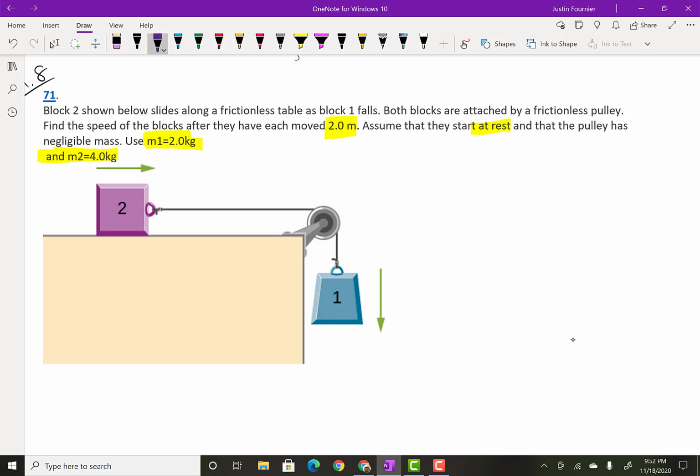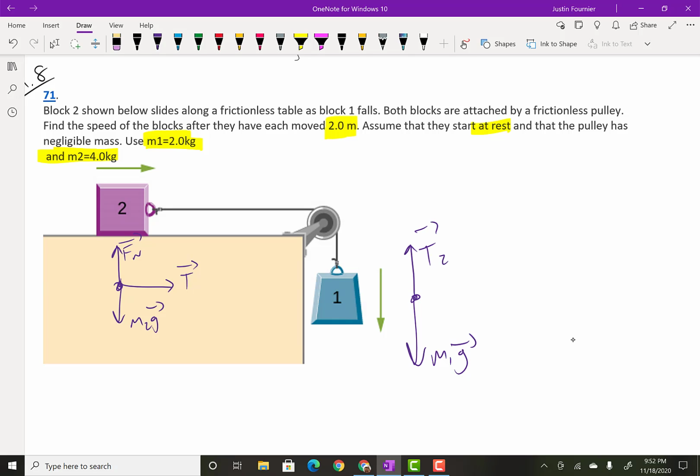acting here, well, there are 3 non-conservative forces. If I were to draw a free body diagram acting on 2, I'd have the normal force, the weight, and the tension force acting on 2, and that would be it. Then the same thing here, I would have the weight of M1 and the tension force as well.